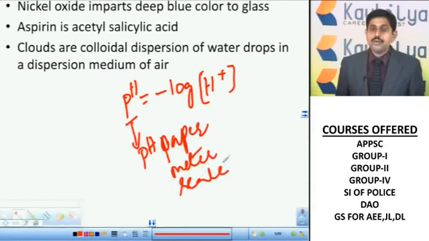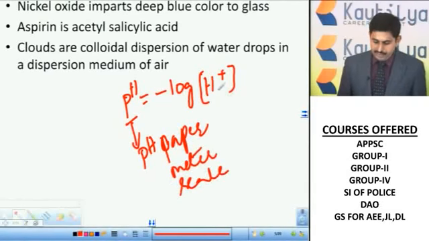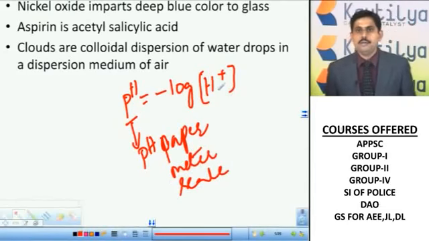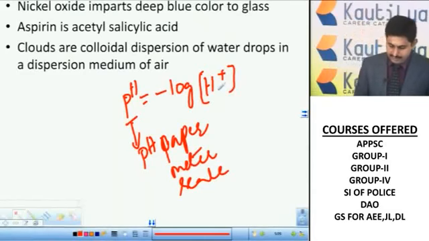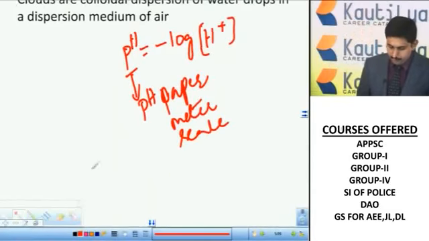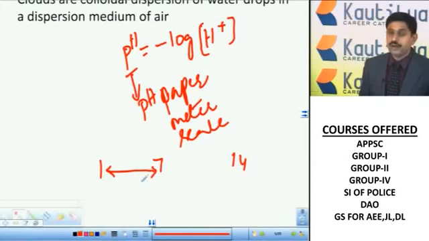Okay, so if you determine the pH directly, we can say that the given solution is acidic or basic in nature. Generally the pH scale is from 1 to 14. If the pH of any solution is between 1 to 7, it is acidic in nature.